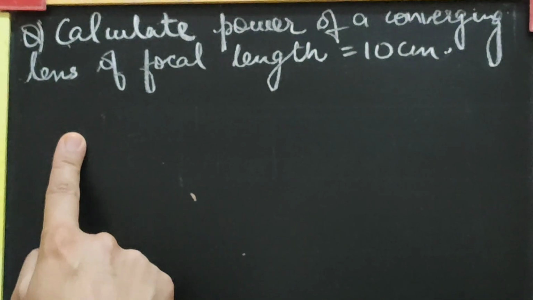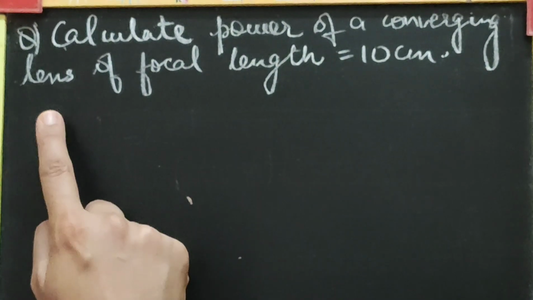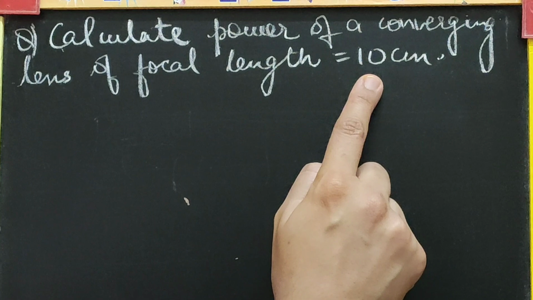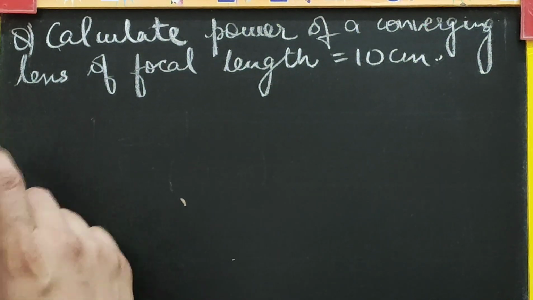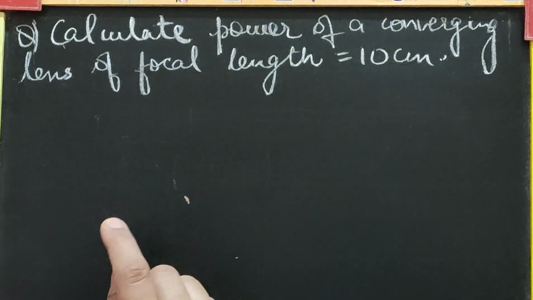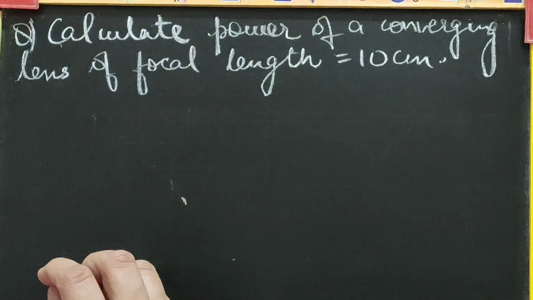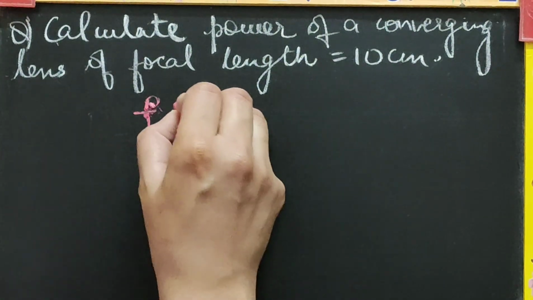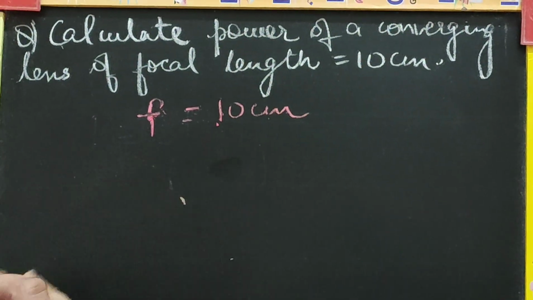Let us solve a numerical on power of a lens. It says calculate power of a converging lens of focal length 10 cm. The first indication in the question is that it is a converging lens, which means it is a convex lens. And from sign conventions, we know focal length of a convex lens is positive. So in the question, f is positive 10 cm.